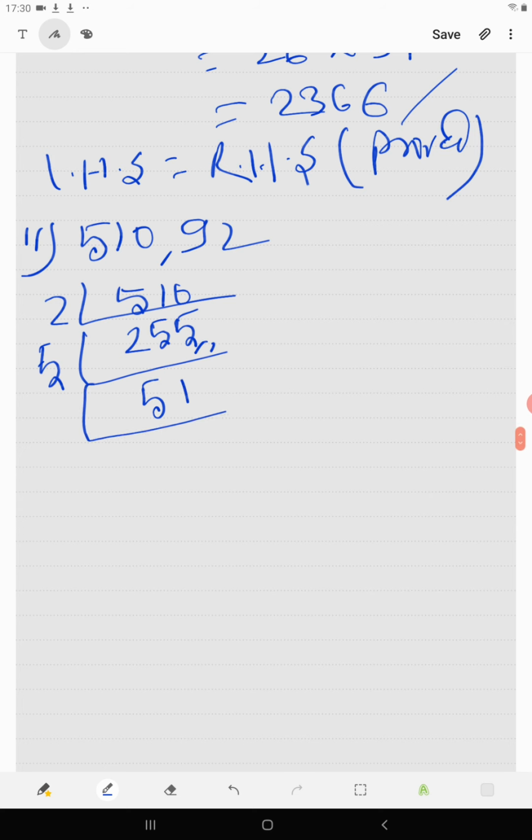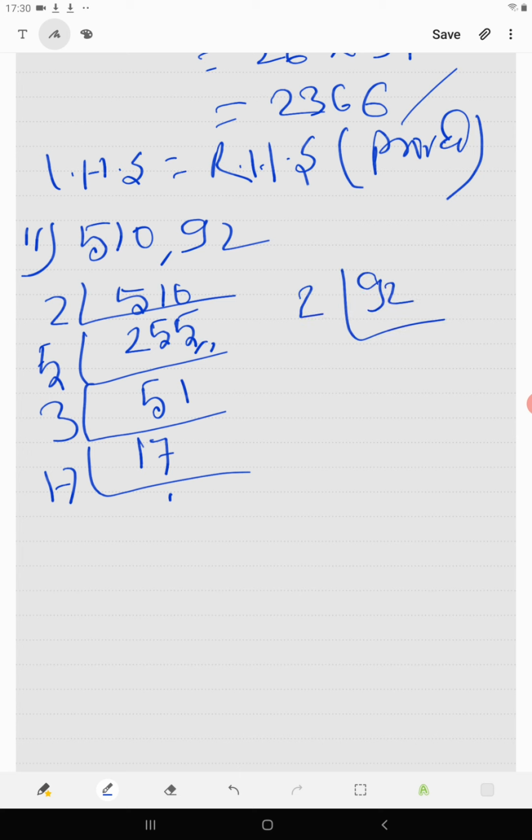Now 51, we know that it comes in the table of 3 and 17. So 3, 17, 17 ones. Okay, similarly we will do it for 92. 2 fours are 8, 46, 2 twenty-threes, 23 ones.